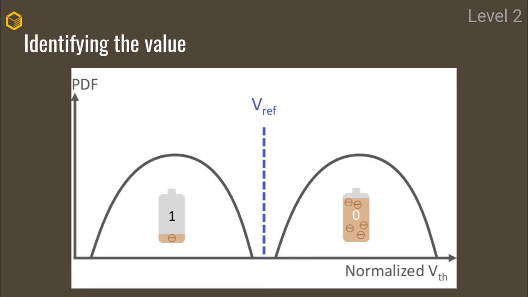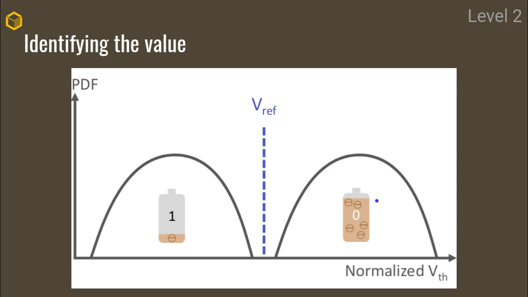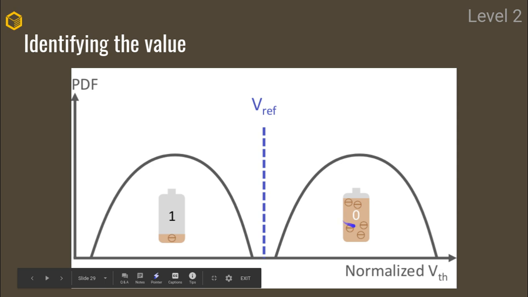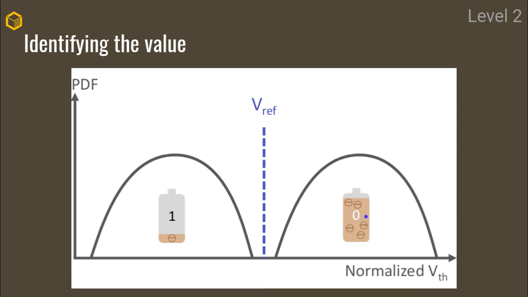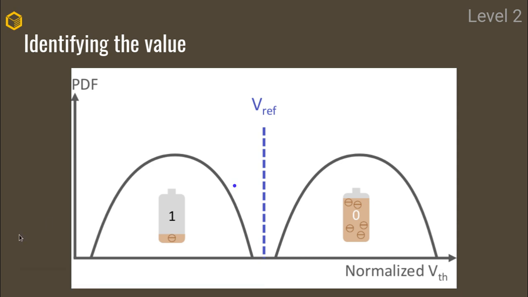But in reality, things are a little bit more complex. I have this probability distribution function, which here is a nicely centered distribution, where I will hypothesize that the values associated with my memory bit being 0 are somewhere over this reference voltage, and in the other case, they're somewhere under this reference voltage.